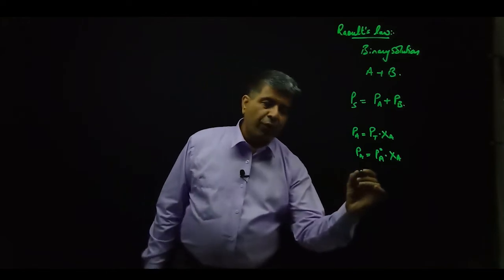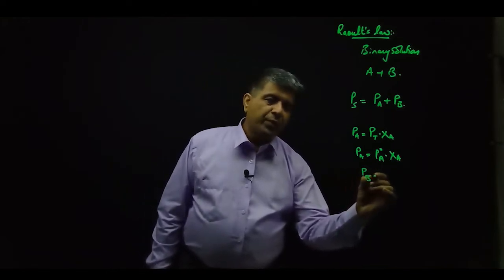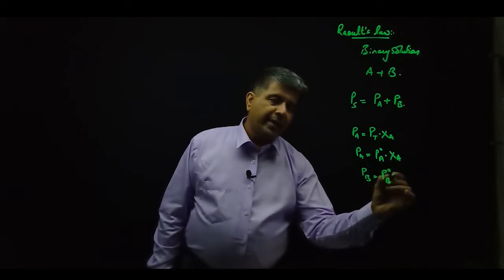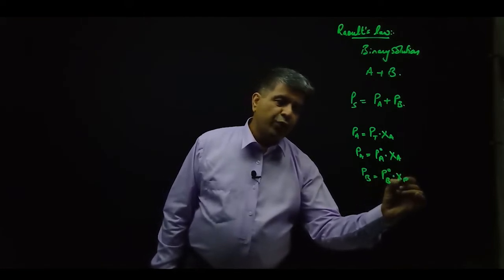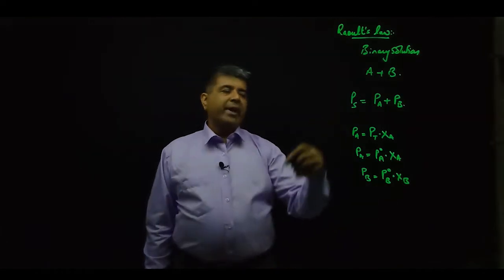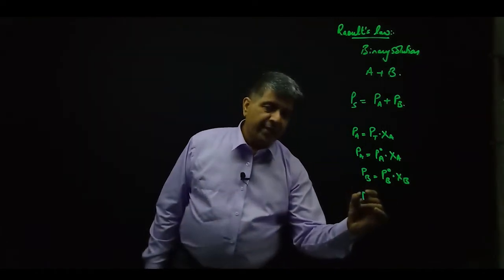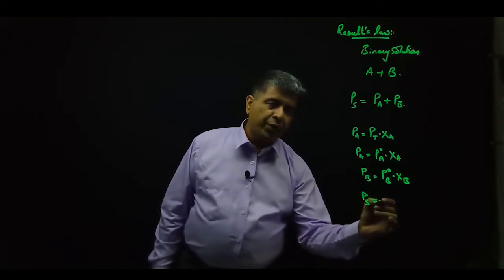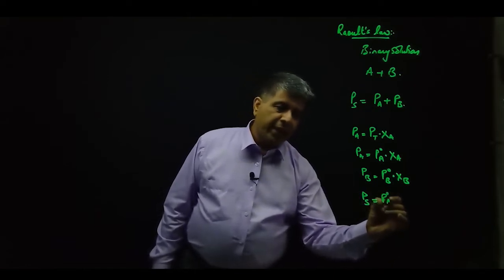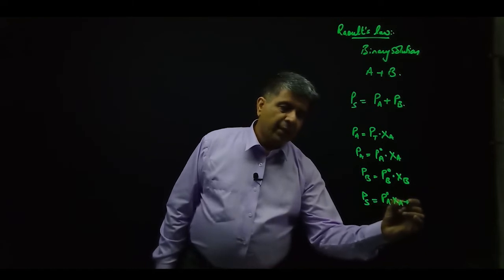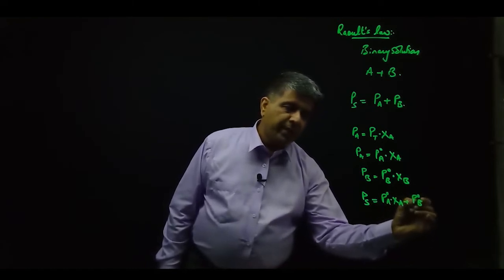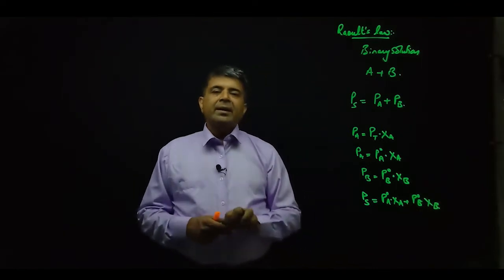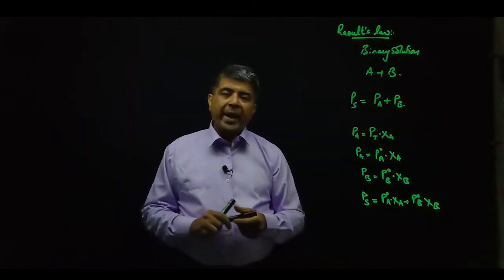Similarly, partial pressure of B would be equal to vapor pressure of pure liquid B at the temperature of solution into mole fraction of B. So we can write the equation like this, that pressure of solution would be equal to P naught A XA plus P naught B XB, and this is Raoult's law for binary solutions.